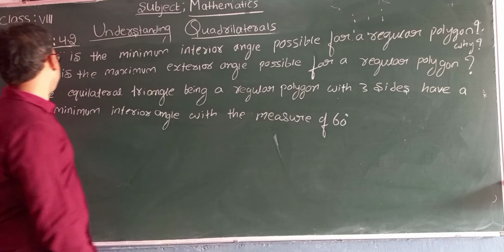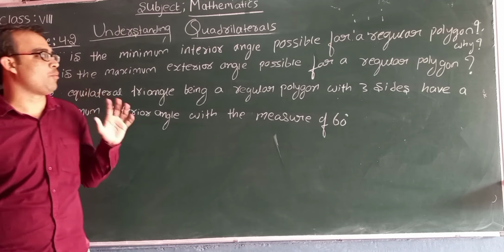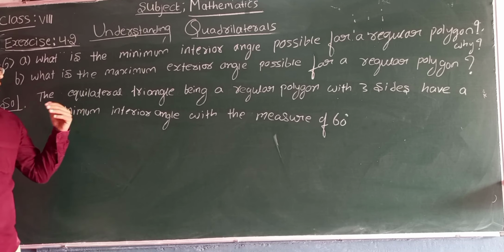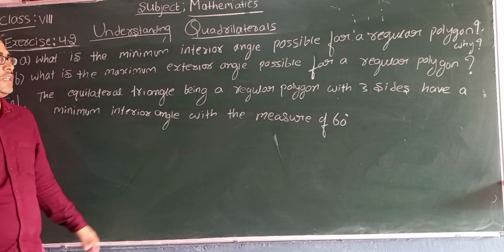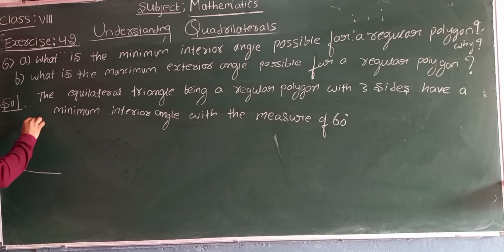Okay, so equilateral triangle being a regular polygon with the fewest sides has the minimum interior angle with the measure of 60 degree.